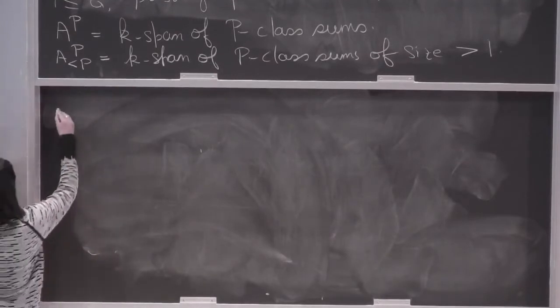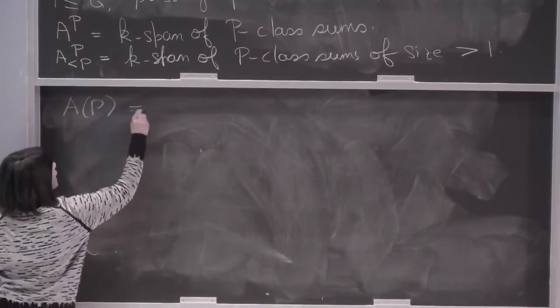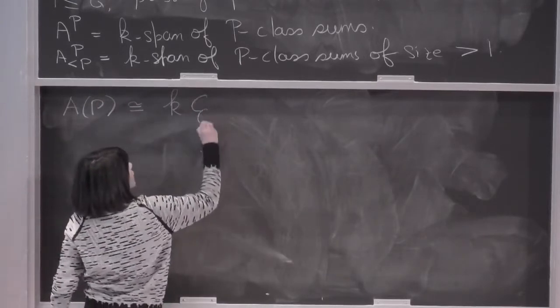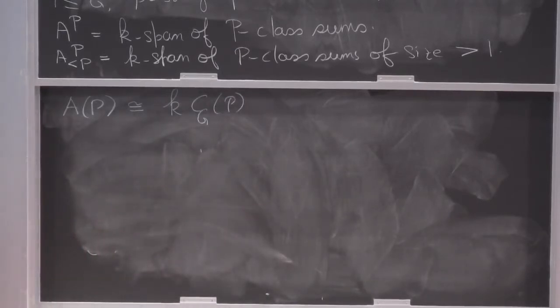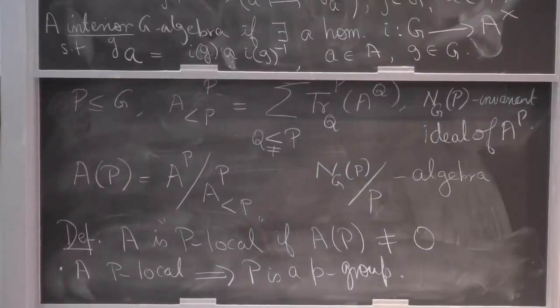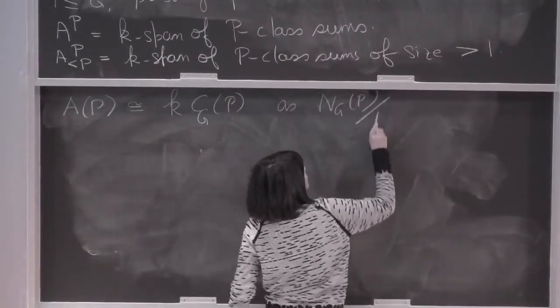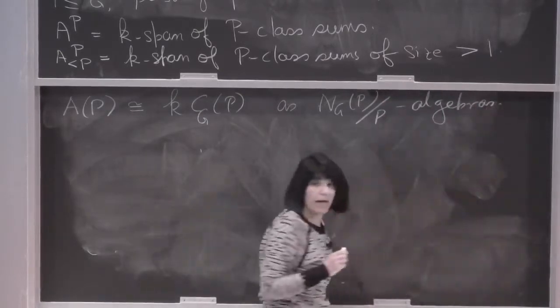So from here pops out that A(P) is, in a natural way, just isomorphic to the group algebra of the centralizer in G of P, as in G-P-algebras.